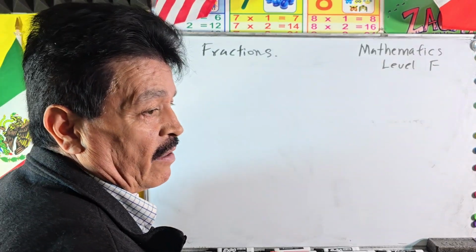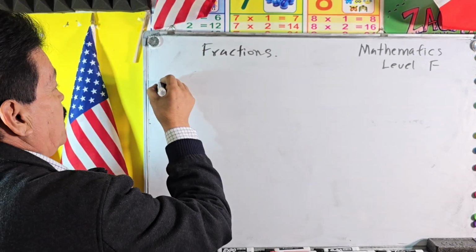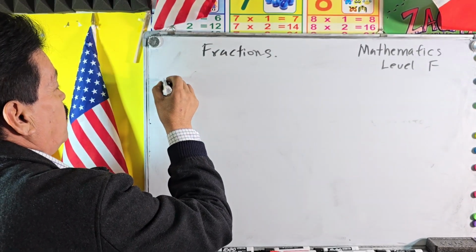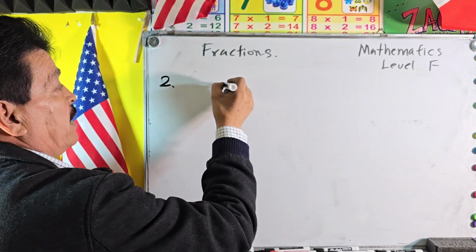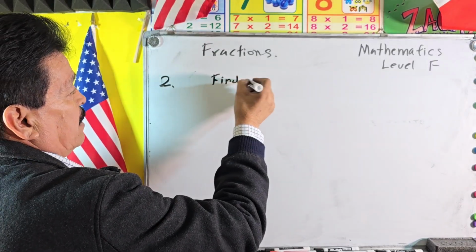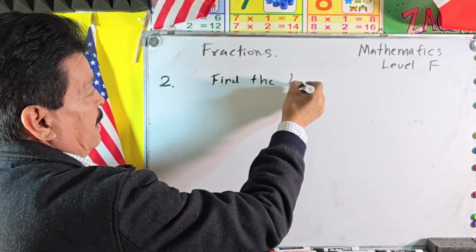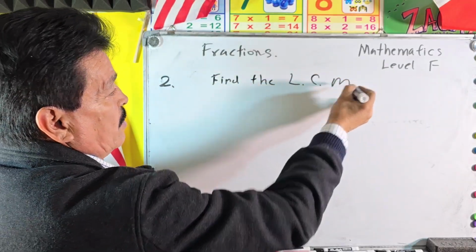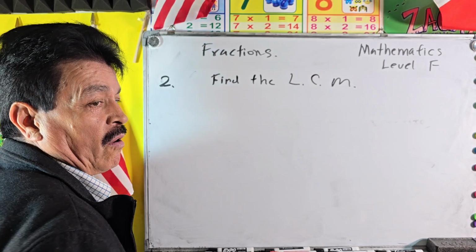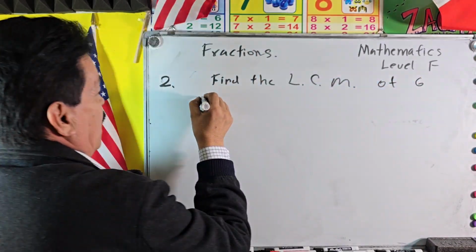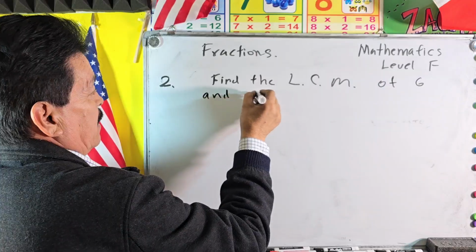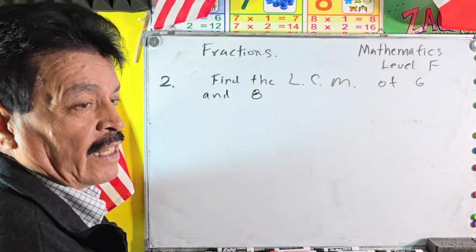We are talking about the greatest common divisor and the least common multiple. So number 2 is right here. But now we have to find the least common multiple of 6 and 8.